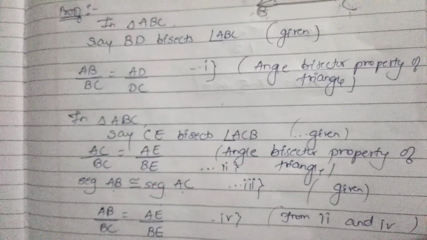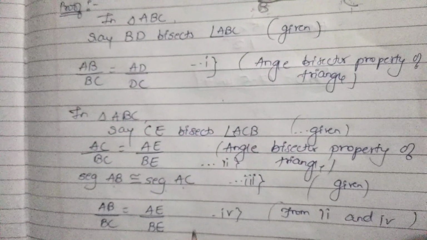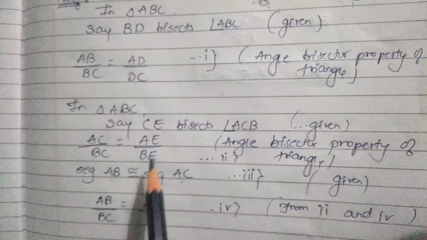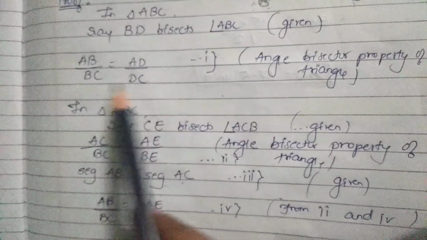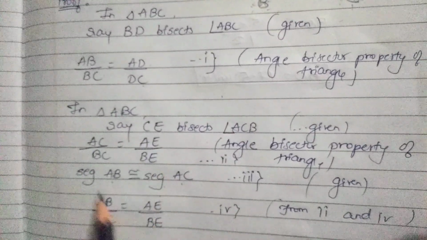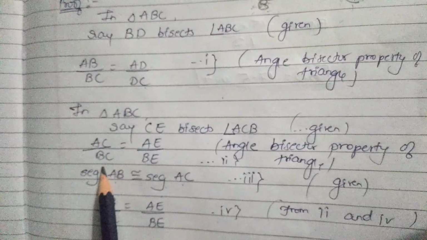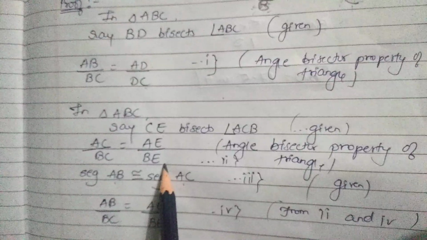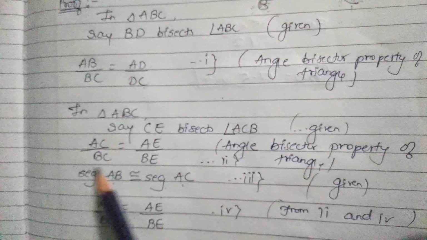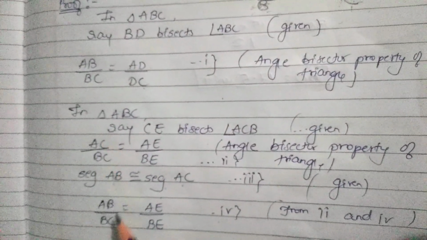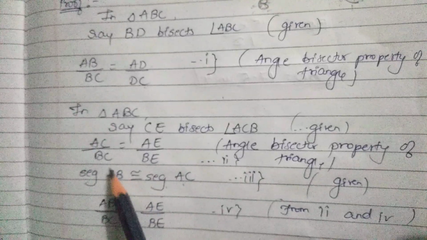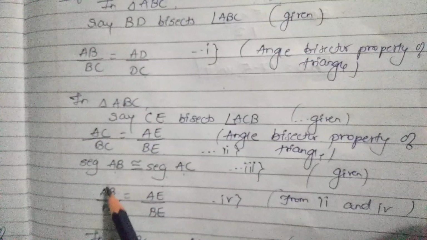It is given. So what we will do, we know AB upon BC equals AD upon CD, and over here AC upon BC equals AE upon BE. In place of this AC, I will write AB.